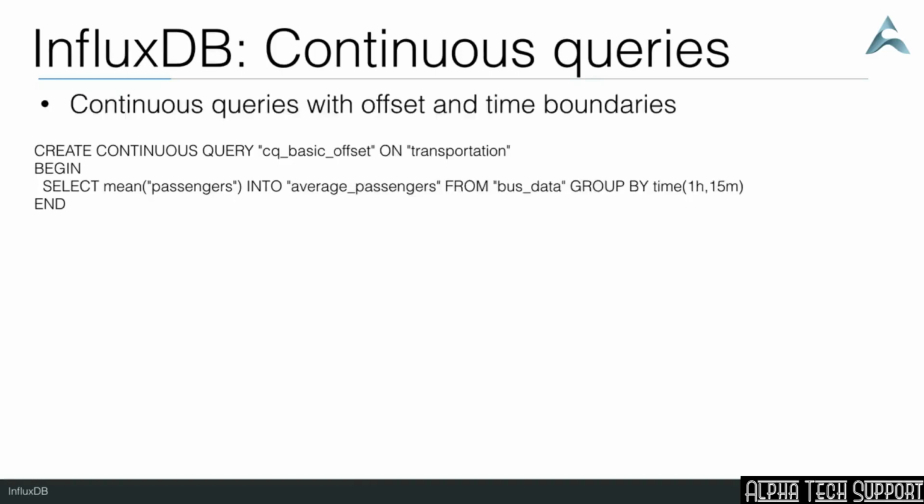You can also have continuous queries with offset and time boundaries, as you see in the example here. The CQ_basic_offset calculates the average hourly number of passengers from the bus_data measurement and stores the result in the average_passenger measurement. CQ_basic_offset executes at 1 hour intervals, the same interval as the group by time interval.